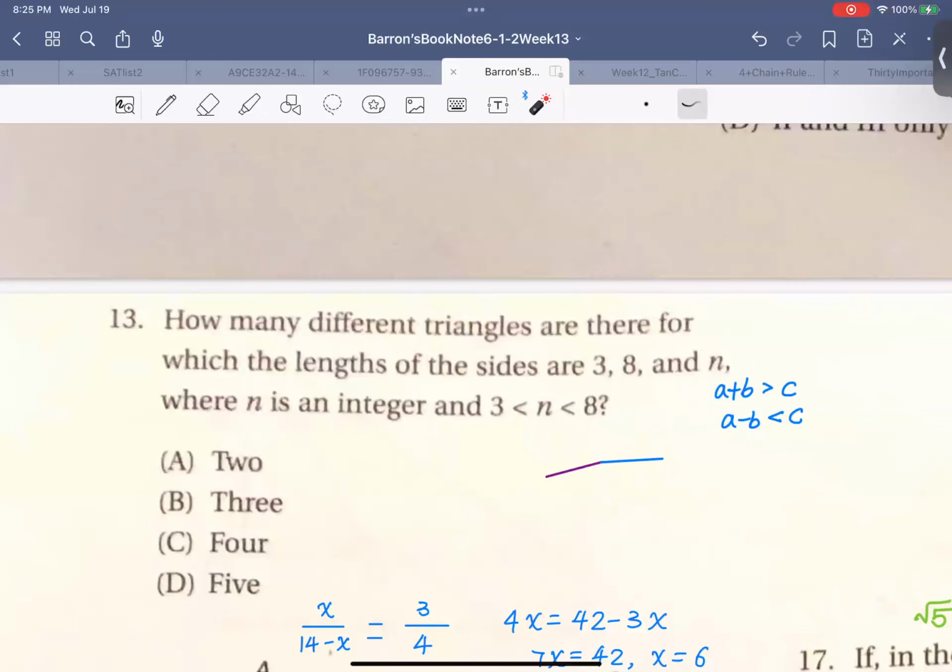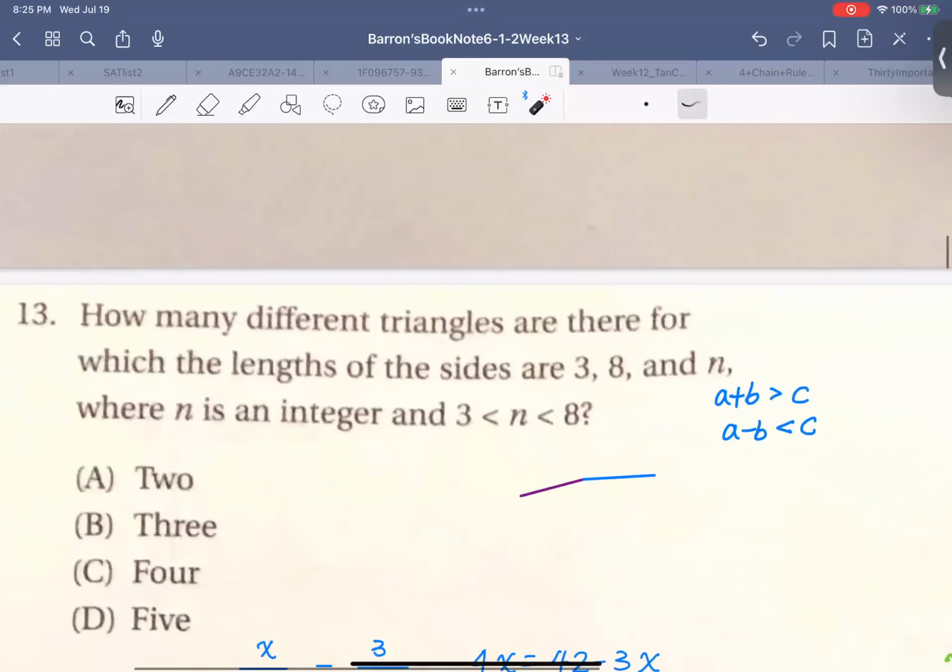Yeah, good job, Timothy. Who else? Jeffrey, tell us how you solve this question. Go ahead, please.